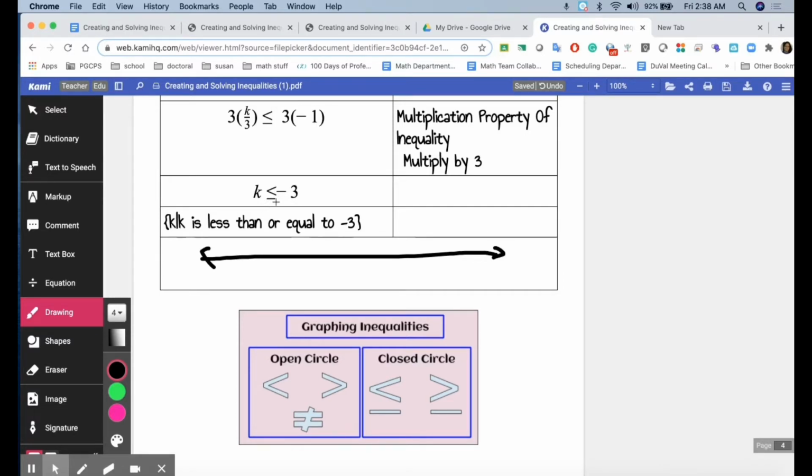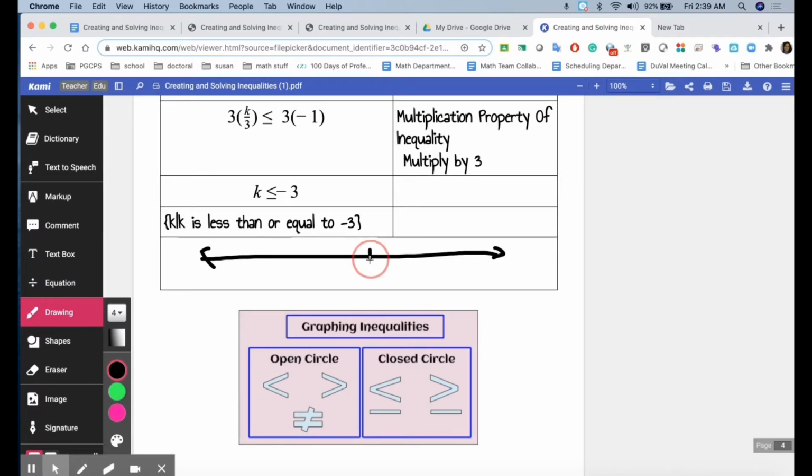If there is an equal sign, it will be a closed circle. So if it's less than or equal to, or greater than or equal to, you will always use a closed circle because it is equal to a number. Now, if it's less than or greater than, it will be an open circle. So here our answer is less than or equal to negative 3.